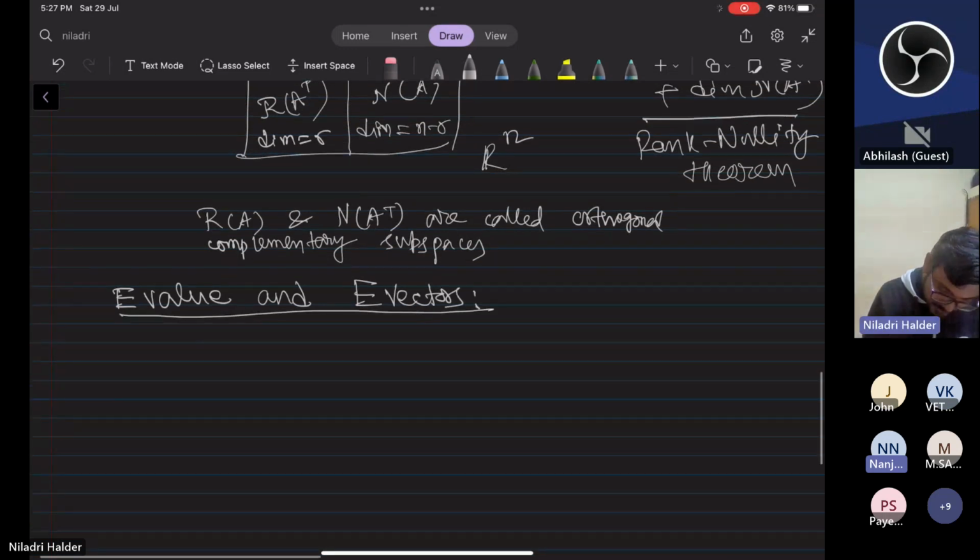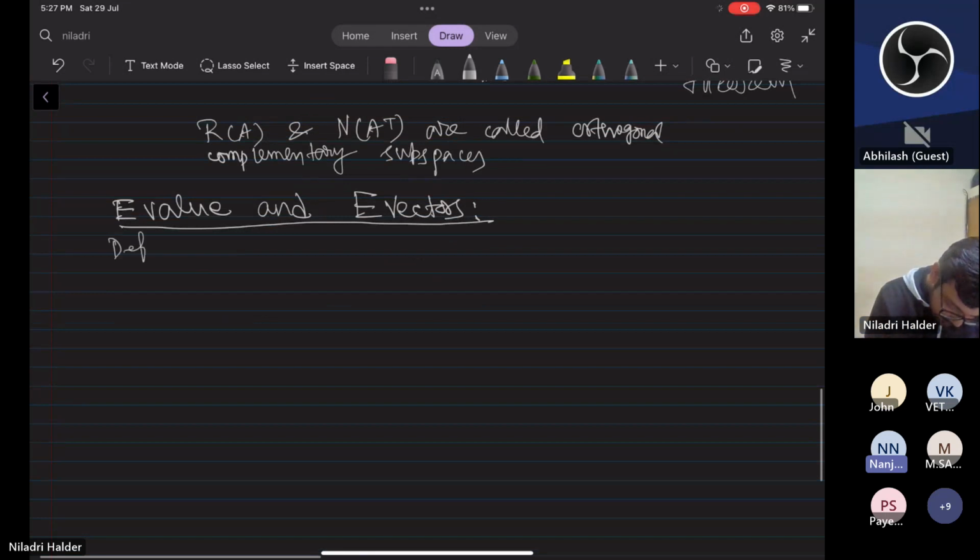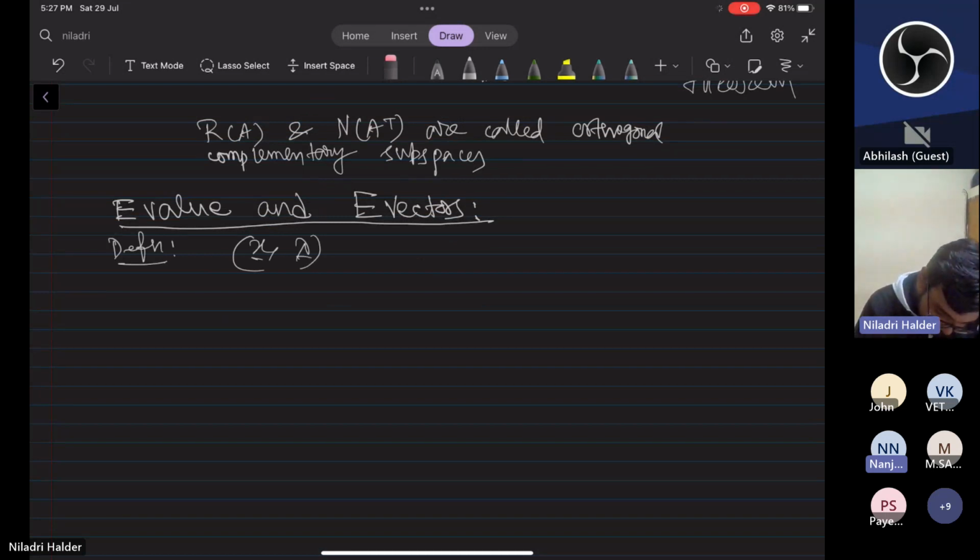So the definition is, X is a vector and lambda is a scalar.